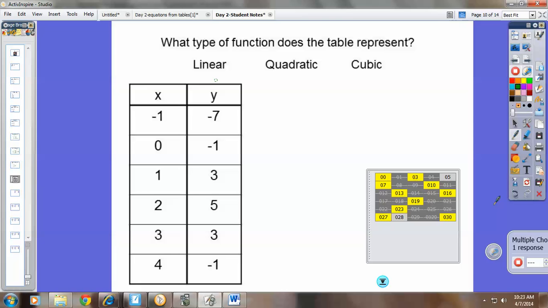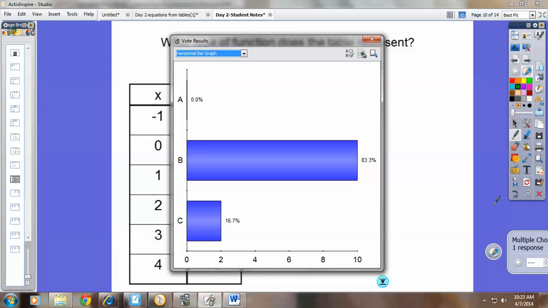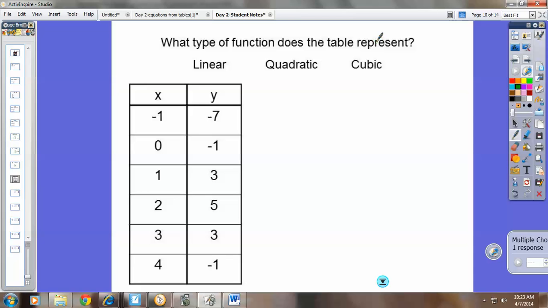Two more in here. So make your answers, please. Most of you said quadratic, which actually is correct.